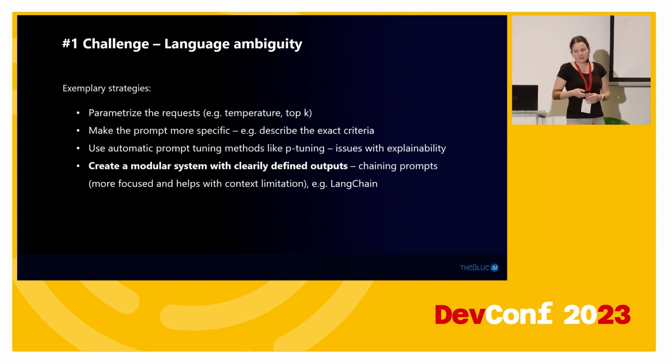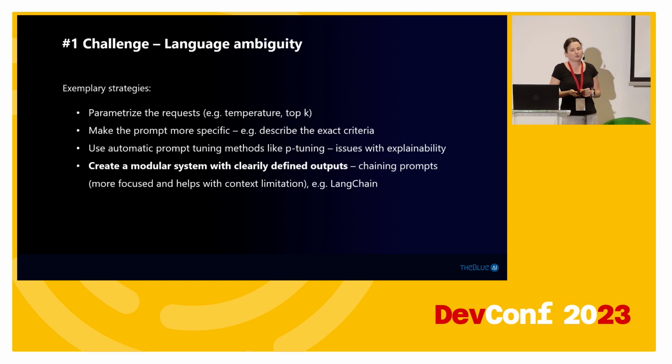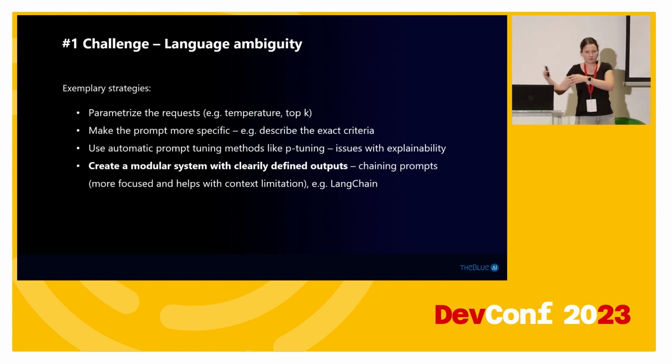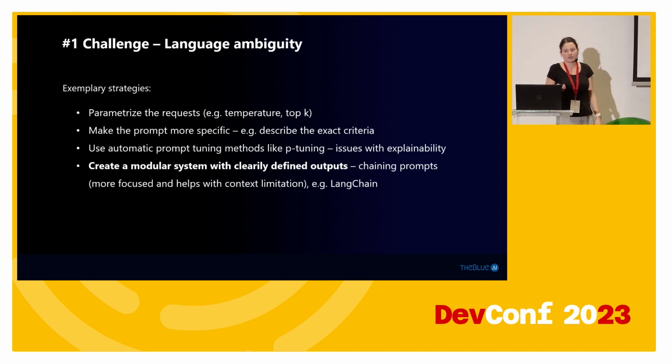But the main message that I would like you to take from it is that it's really better to build a modular system with clearly defined outputs. It's always better for you to track the results of this model. You can also do chaining of the prompt, so one prompt can be input to another prompt, et cetera. It allows you to build more focused prompts, and it also helps you with a few different things such as the context limitations.